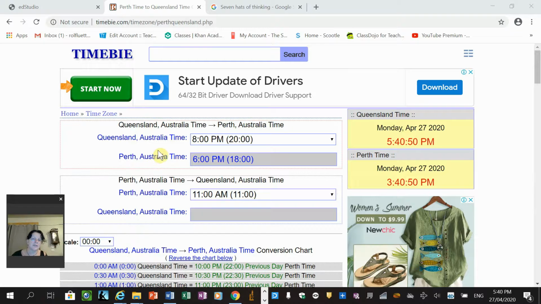So it said that in Queensland, if it's 8 p.m., which is in 24-hour time 2000 hours, then in Western Australia, it's going to be 11 a.m. Sorry, that one's not right. It's this one, 6 p.m., 1800 hours. My eyes were distracted down here. So if it's 8 o'clock in Queensland, it's going to be 6 p.m. or 1800 hours in Perth. Sorry, I got a bit distracted then.